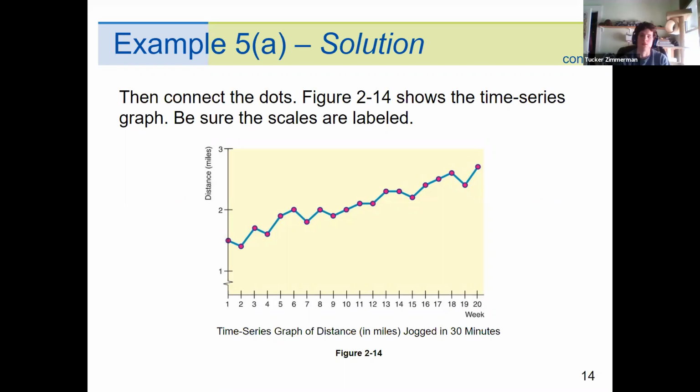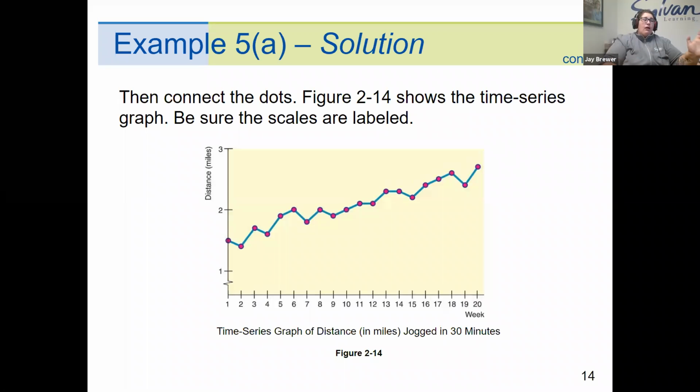That over the course of these weeks, people can run for longer periods or longer distances as the weeks go on. Okay, so basically we would be seeing an increase in their endurance, right?